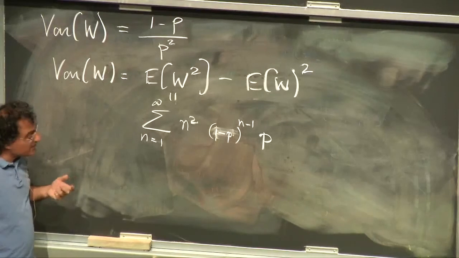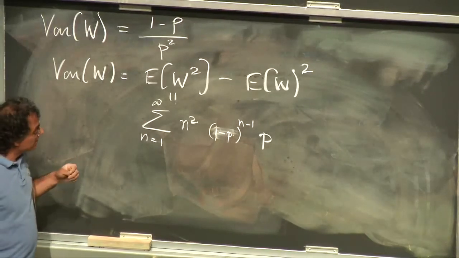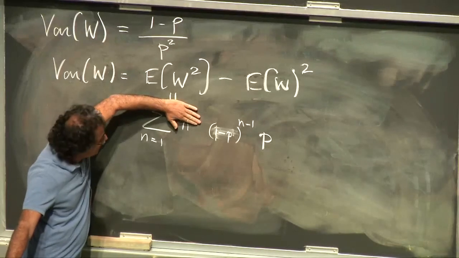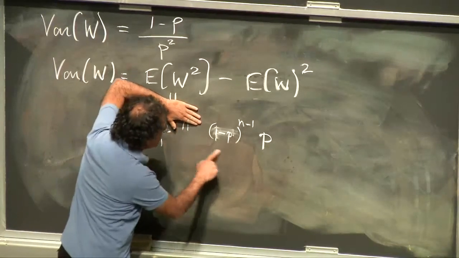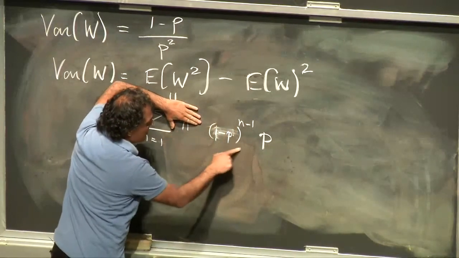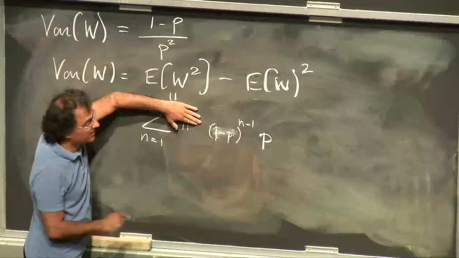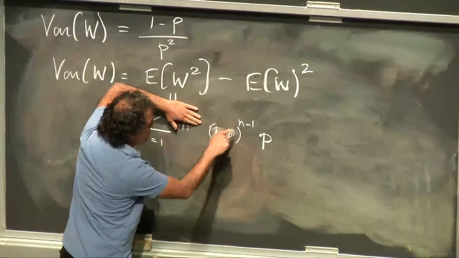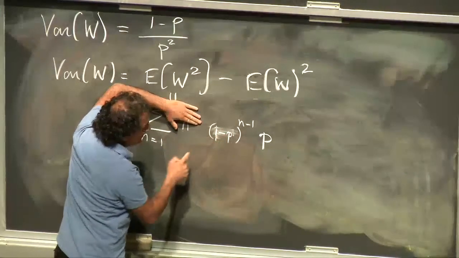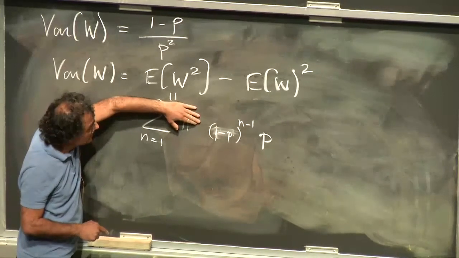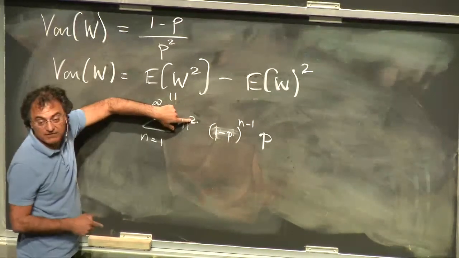Well, remember what we did before when we had to compute the sum without an n squared. We said we could view this as a derivative of (1 minus p) to the n, because you get n times (1 minus p) to the n minus 1 if you take the derivative with respect to p. So now we'd like to view this as a second derivative.